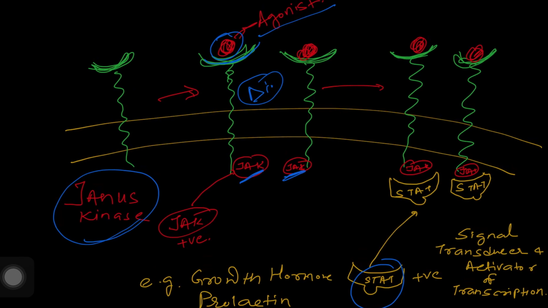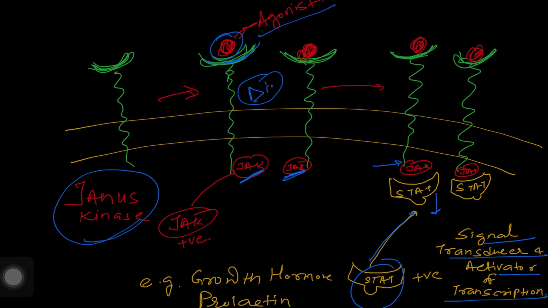Now what is STAT? STAT is basically a signal transducer and activator of transcription. The STAT is inside the cytoplasm. By activation of Janus kinase, this STAT comes in contact with Janus kinase and eventually the downstream signaling process is carried out.